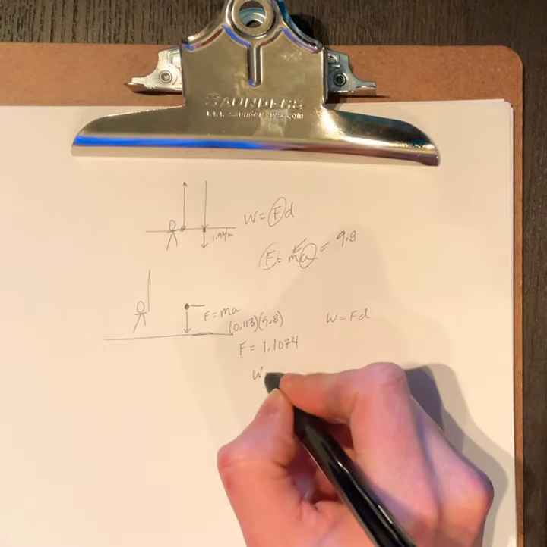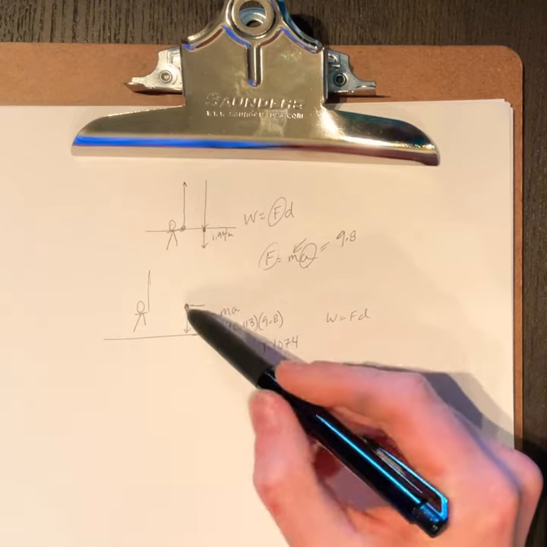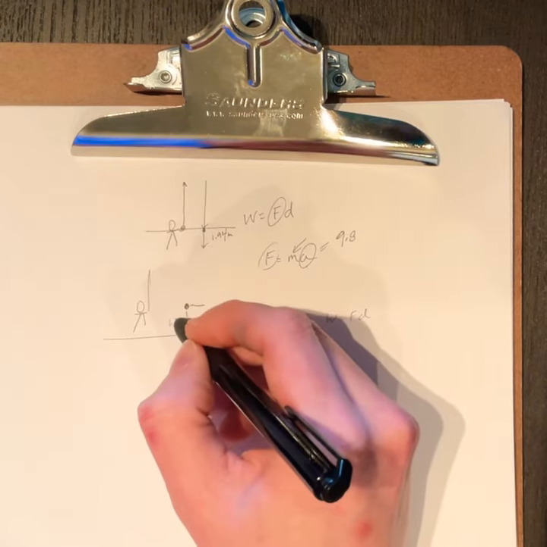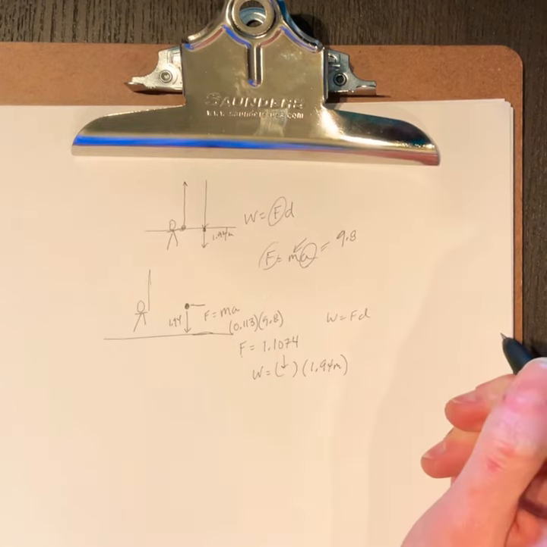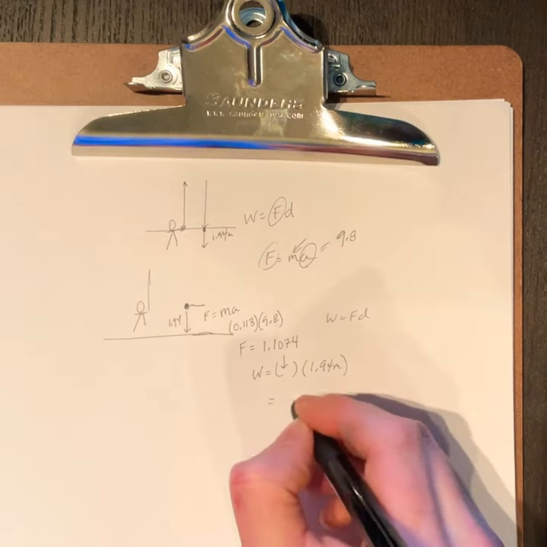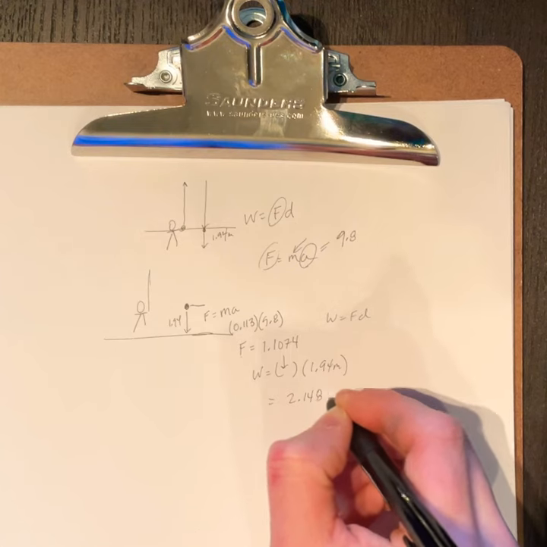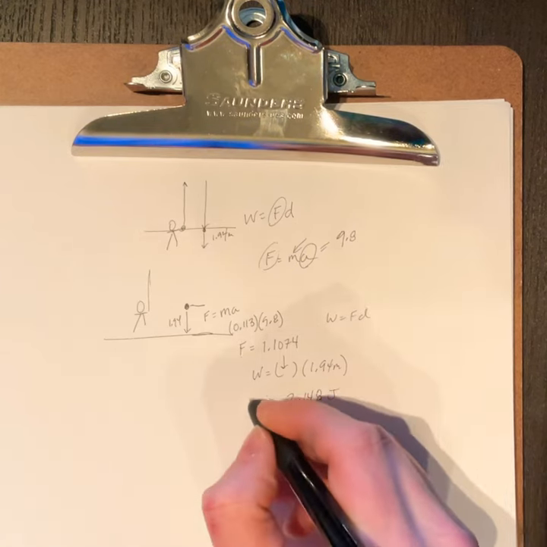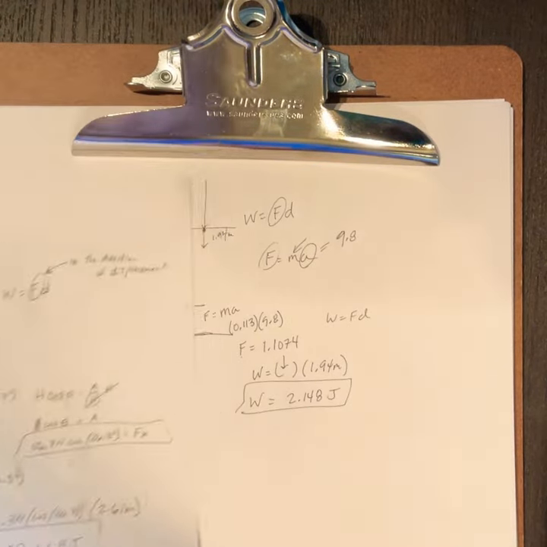So work is equal to this value times our displacement from here to here, which was 1.94 meters. That comes out to 2.148 joules. And that correlates to what we got.